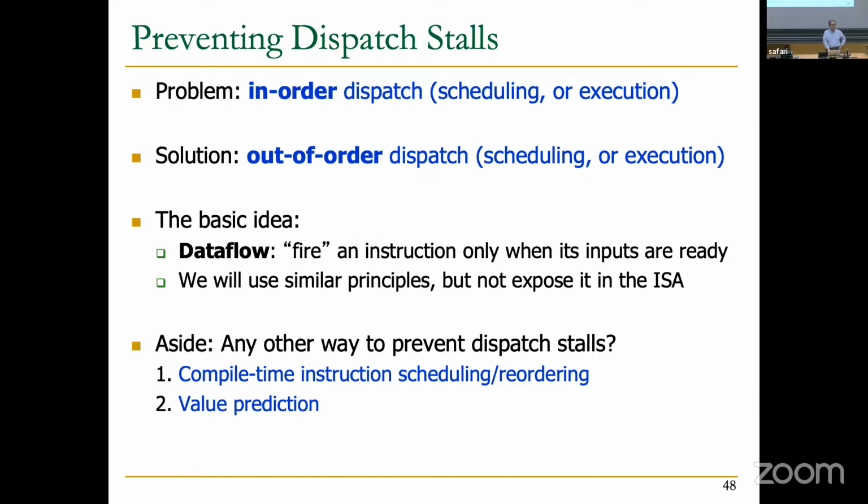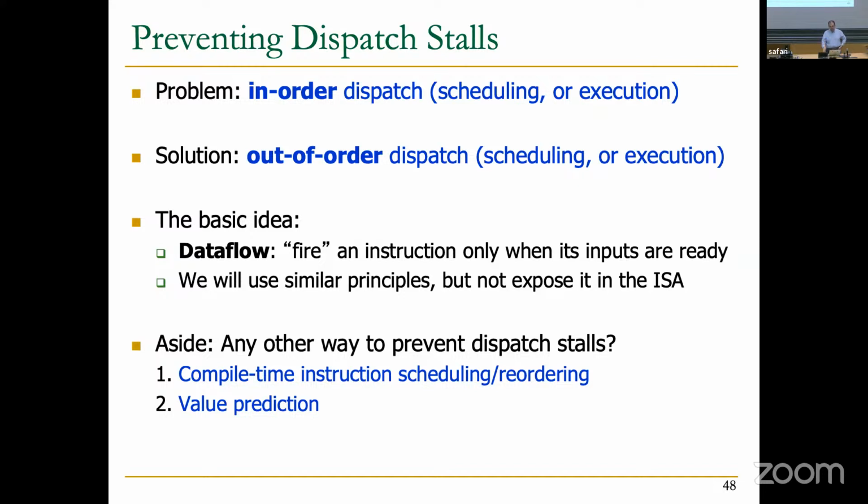Another way is value prediction. Whenever you have some dependency, like read after write, you predict the value, let's say 0, and then you continue. If your prediction was correct, then you managed to get a lot of performance.